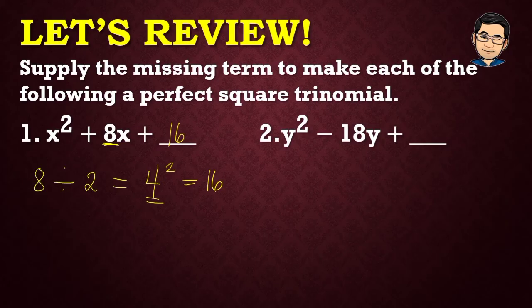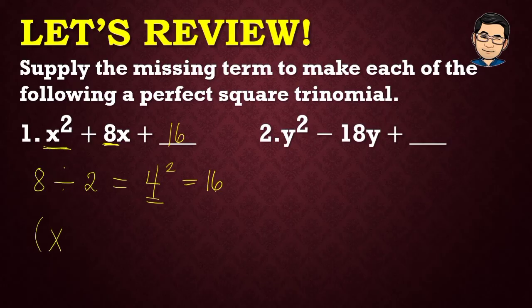Then we factor x squared plus 8x plus 16 to verify that it is a perfect square trinomial. How? For the first term x squared and the last term 16, we extract the square root. What is the square root of x squared? That is x.